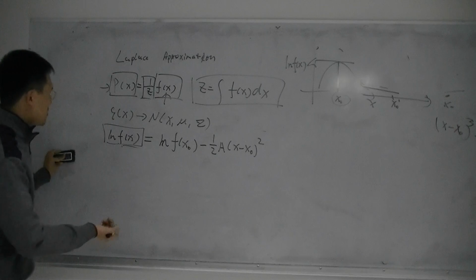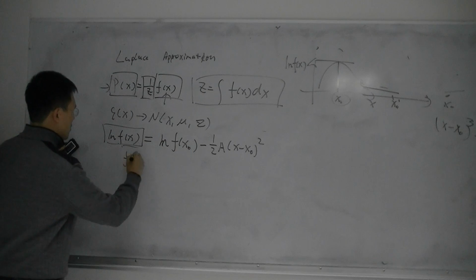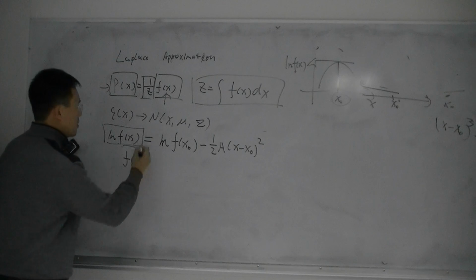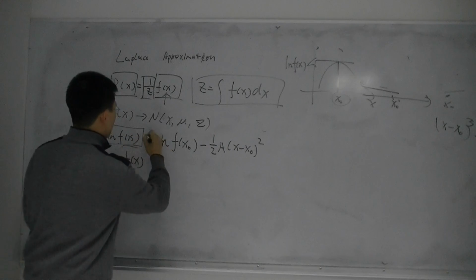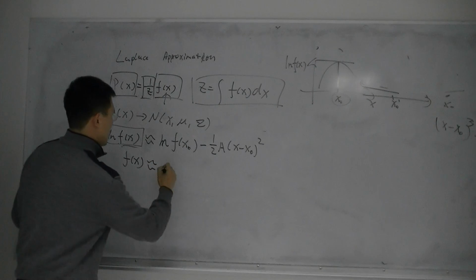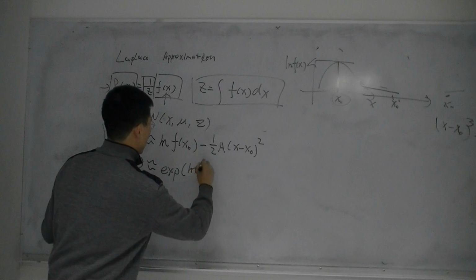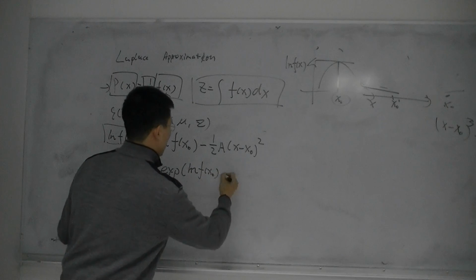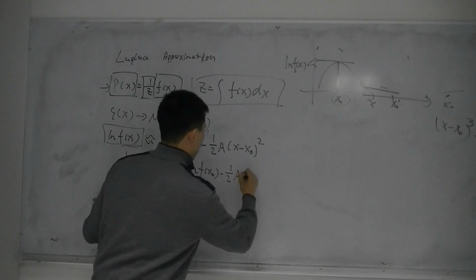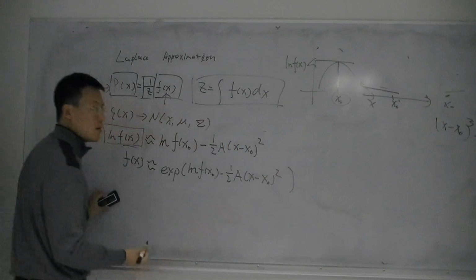If we take the exponential on both sides of this equation, we get f(x), which is approximately the exponential of log f(x0) minus a(x minus x0) squared.